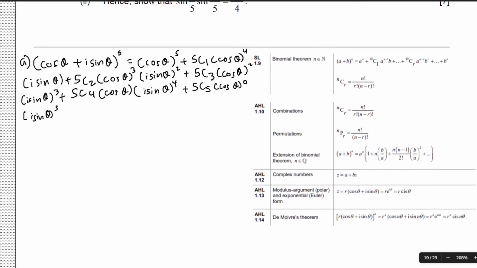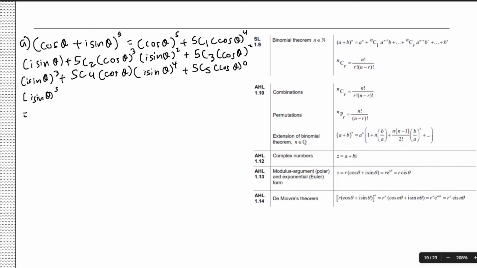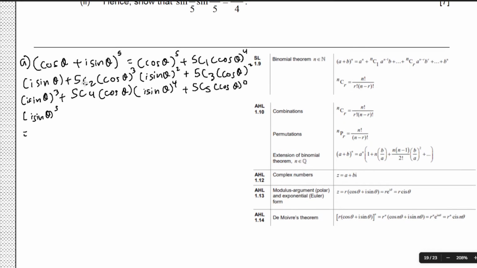Alright, so from here we have our equation. Let's simplify it even more and also figure out our 5c1, 5c2, 5c3, 5c4, and 5c5. Okay, so here we can expand this. So we have cos to the power 5 theta plus 5c1, which is 5, and then cos to the power 4 theta and i sin theta.